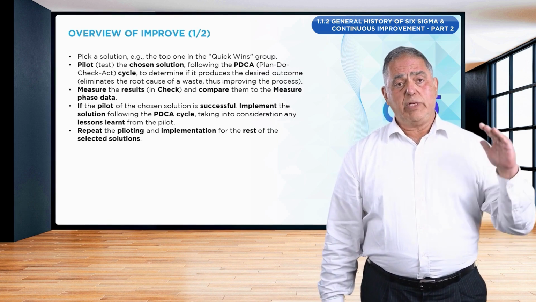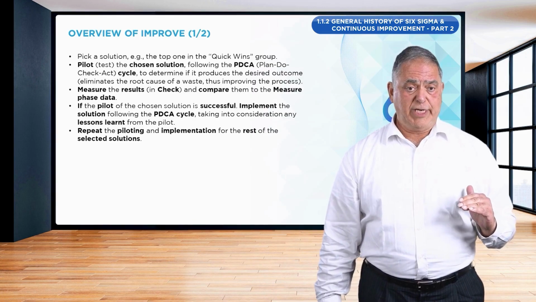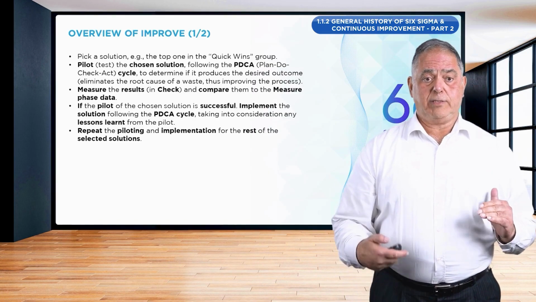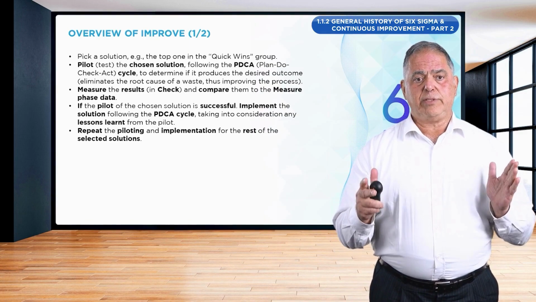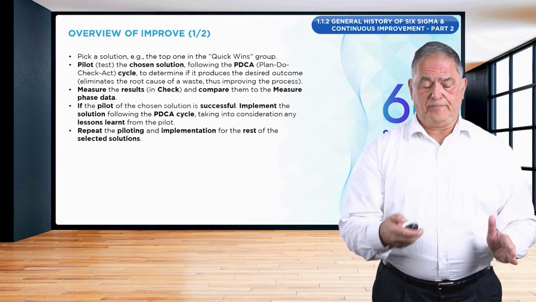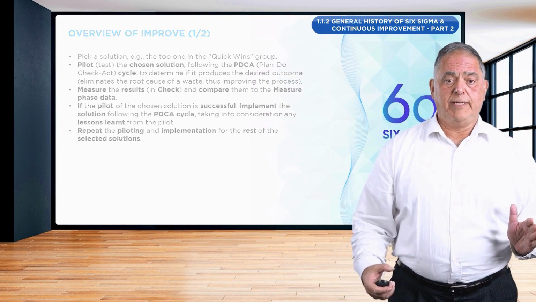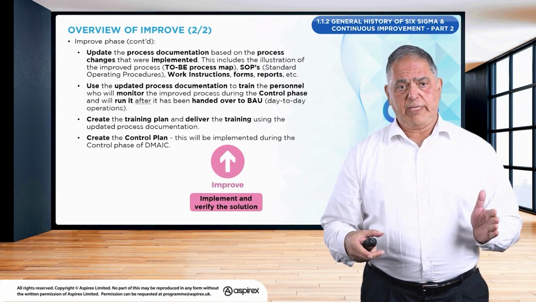So once we have completed all the process changes, once we have implemented all the selected solutions, then we have a very good idea about how the improved process actually performs. And with this knowledge, we can update any existing process documentation.